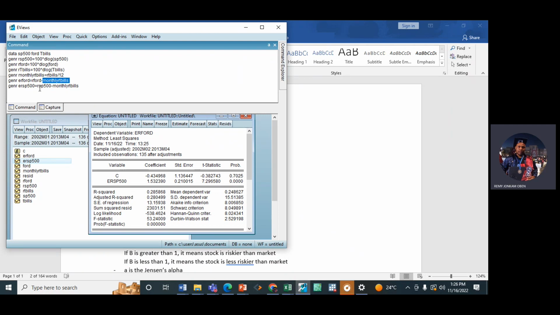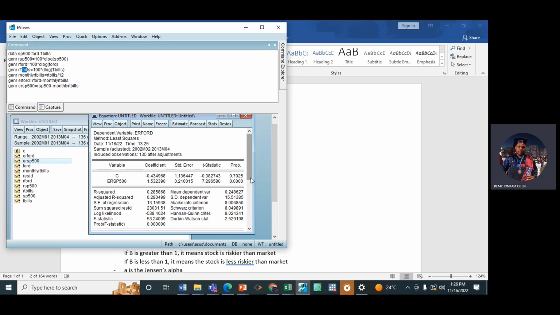Expected return of S&P 500 is return SP 500 minus monthly T-bills. And what is monthly T-bills? It is return of T-bills divided by 12.